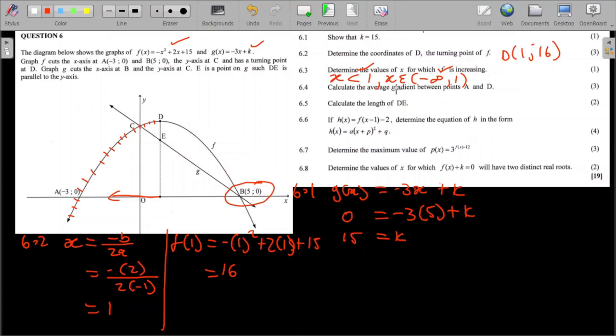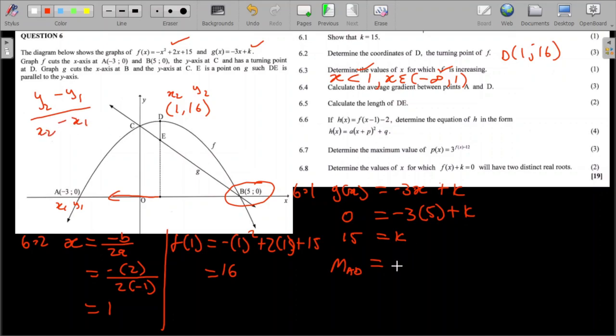Now, calculating the average gradient between the points A and D. My point D, I know that is (1, 16), and the point A is (-3, 0). So if I say this is my x1, y1, and then x2, y2. Now calculating the average gradient. So the average gradient of AD is equal to, now to calculate the gradient, we know it is y2 minus y1 all over x2 minus x1.